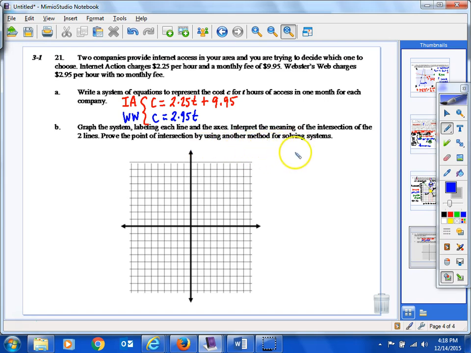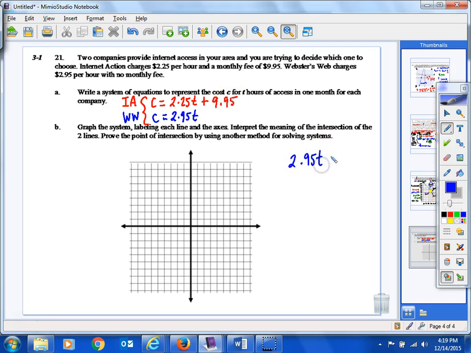So what I would do first, since you're going to have to do this anyway, we're going to solve this really in 2 different ways. And let's solve it first by using substitution. Let's replace the red C with 2.95T, since we've said in this equation that C is 2.95T.